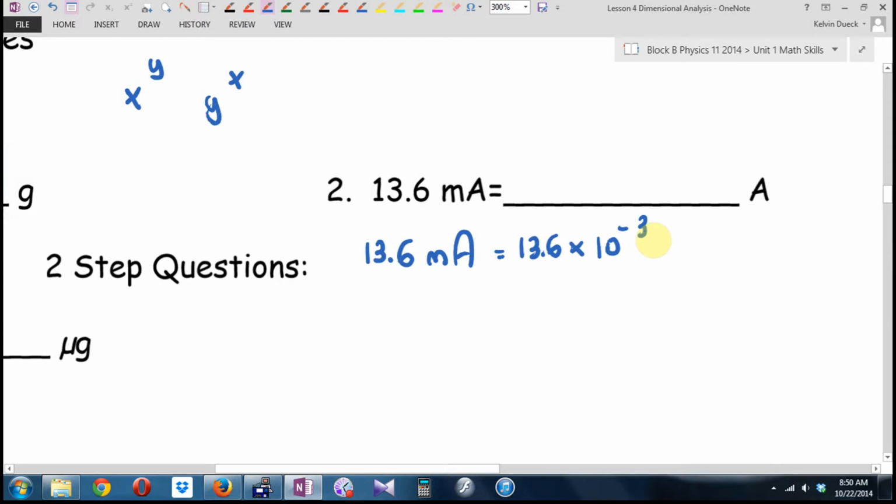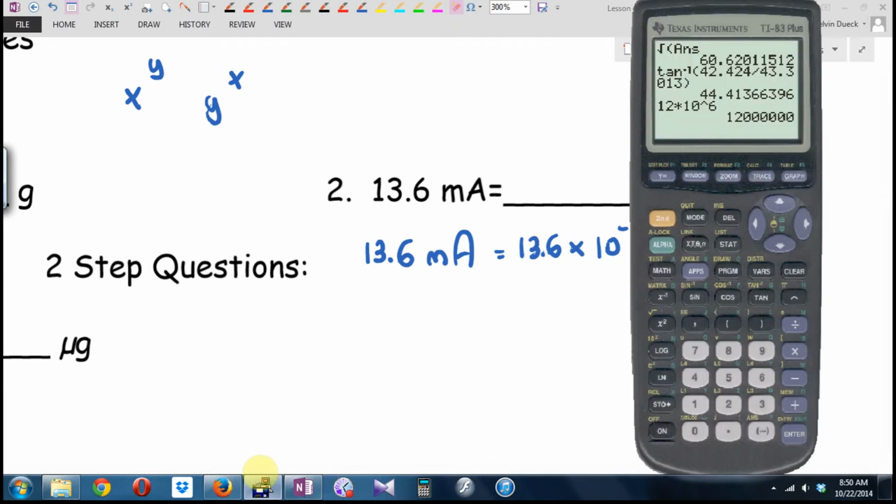And again, although that sort of looks like scientific notation, it's not. Also, in scientific notation, the decimal would be after the 1. I'm not going to use my scientific notation button. I'm going to go 13.6 times 10 to the power of negative 3. And I get that. Apparently 13.6 milliamps is 0.0136 amps.